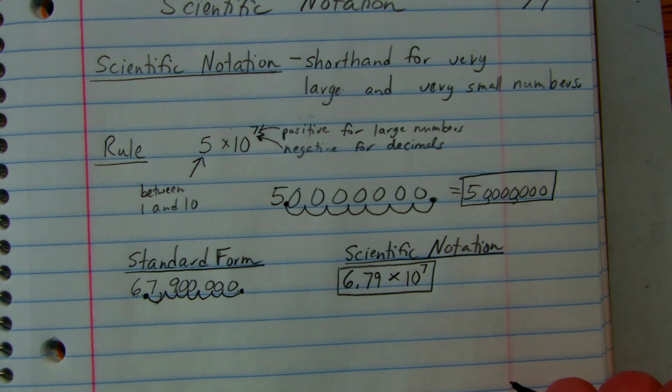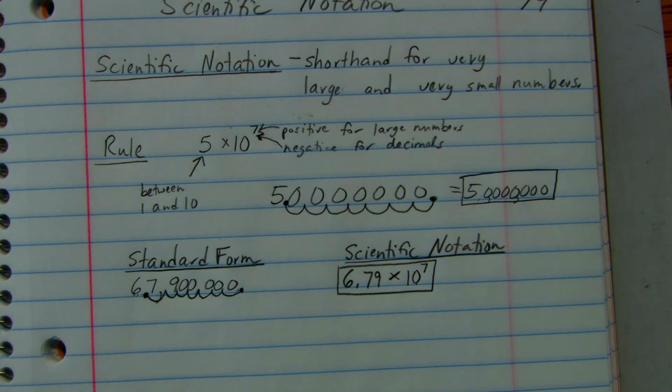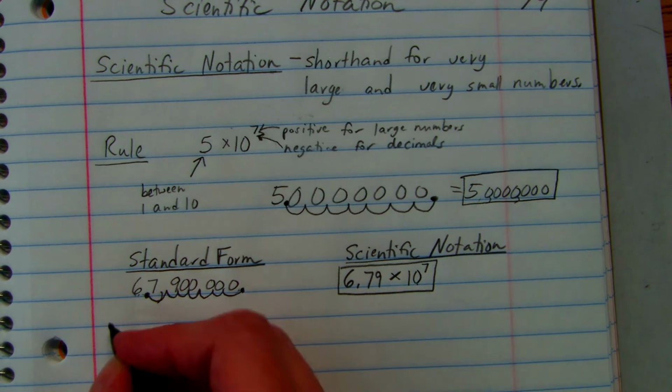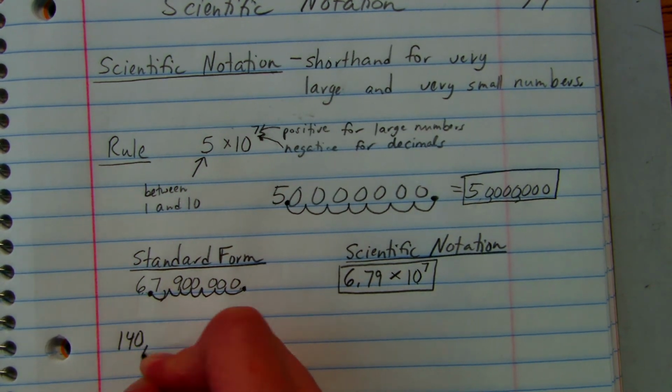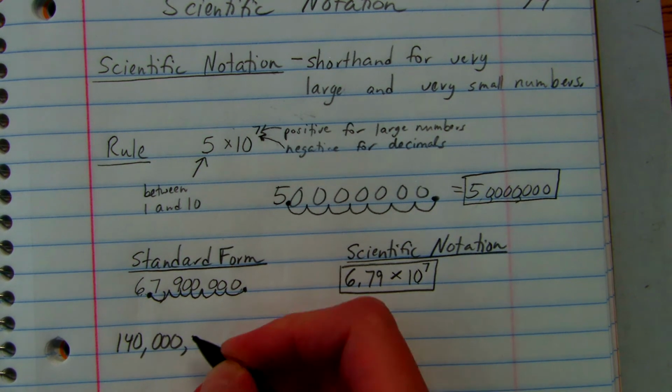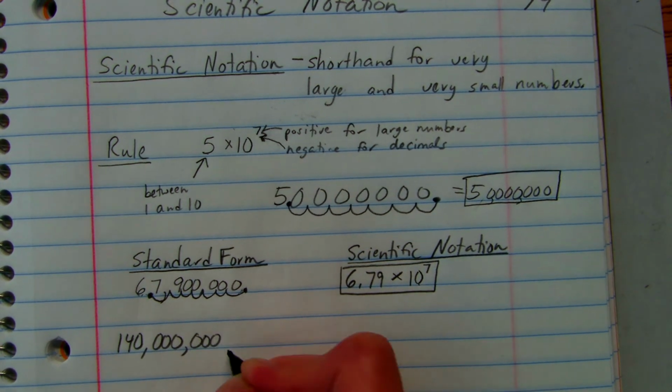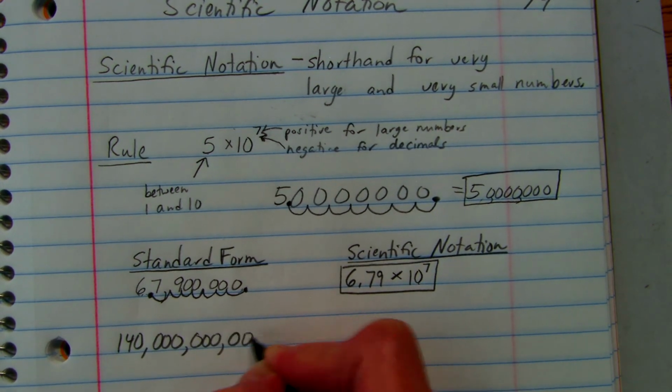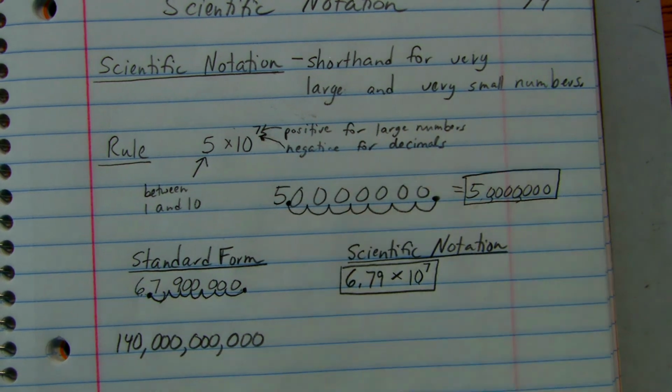Okay, so then let's do another one. Let's do 140 billion. So 140, 3 zeros after that makes 1,000. 3 more makes million. 3 more makes billion.